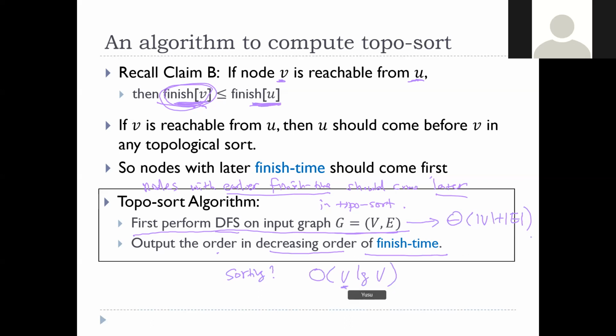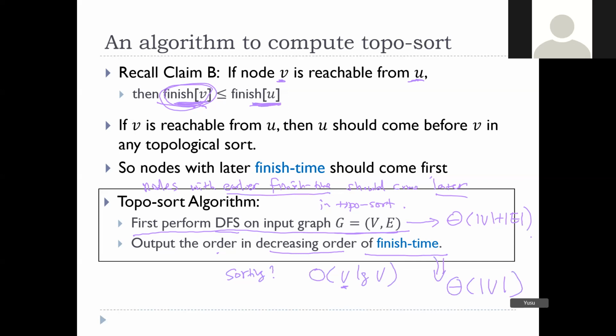But in fact, because the finish time is all just integers, we actually know it's from 1 to V. We don't really need to do the sorting. You can just have an array of size V and then fill each of the nodes into the correct entry in the array. So this step can be done in linear time instead of sorting.